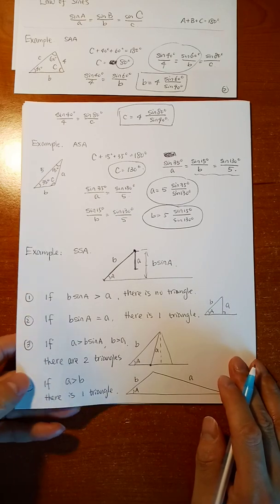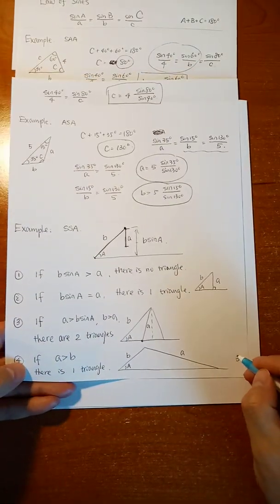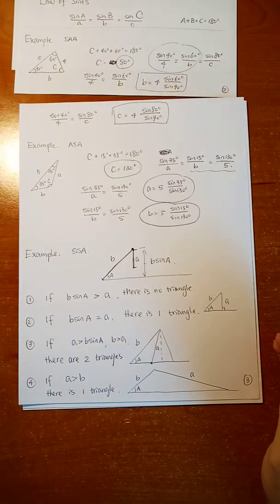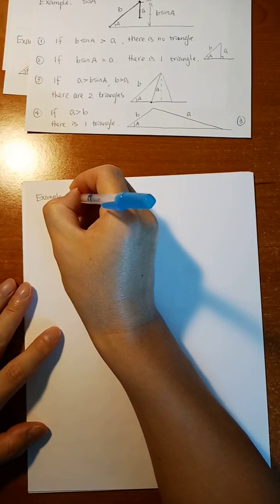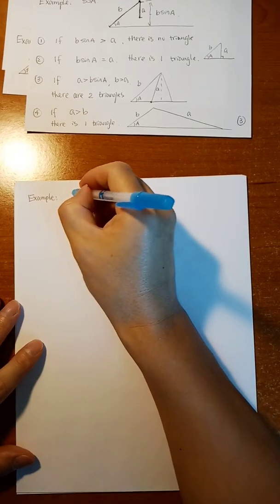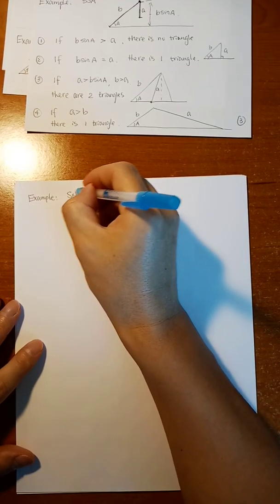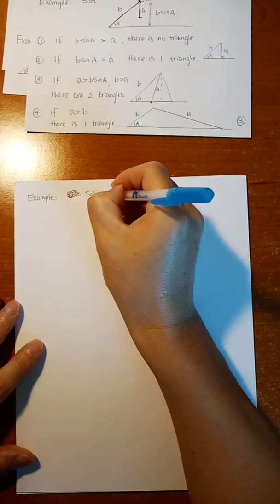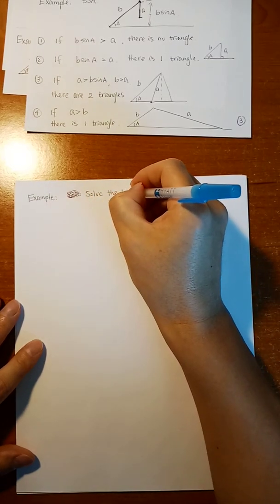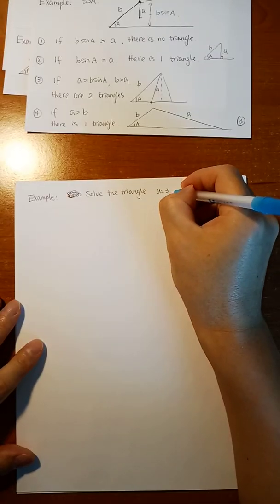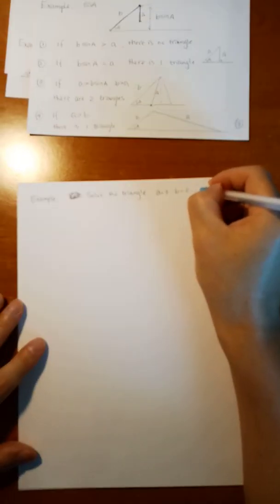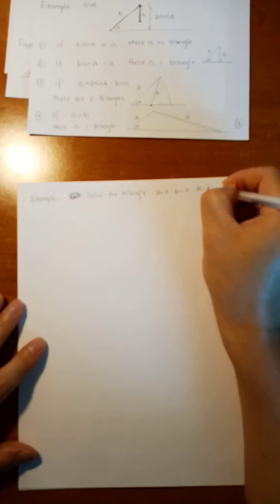Okay? So for example, we solve the triangle: A is 3, B is 2, and angle A is 40 degrees.